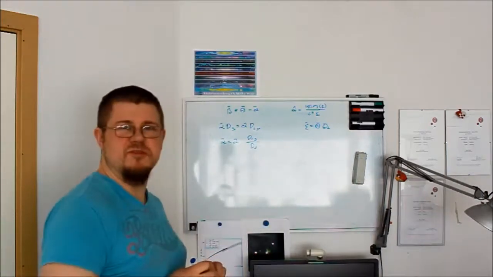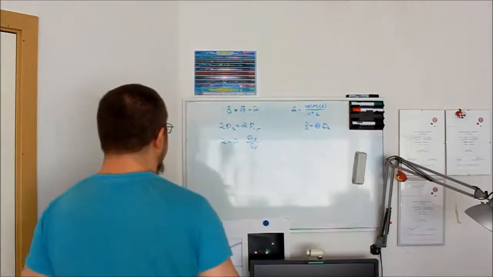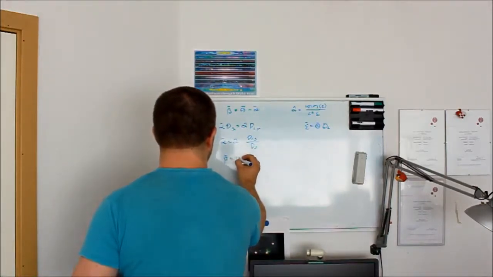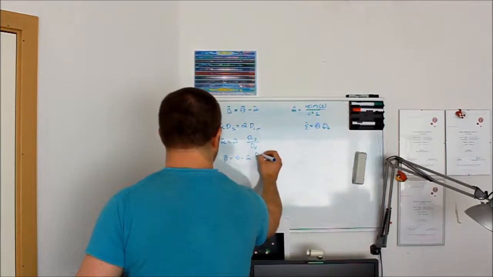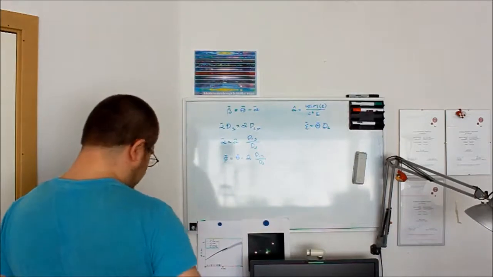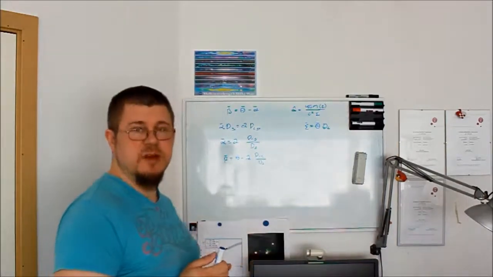Sometimes you just have to use your intuition to see that something's wrong. Now we can rewrite the lensing equation to get beta is equal to theta minus alpha hat Dls over Ds.